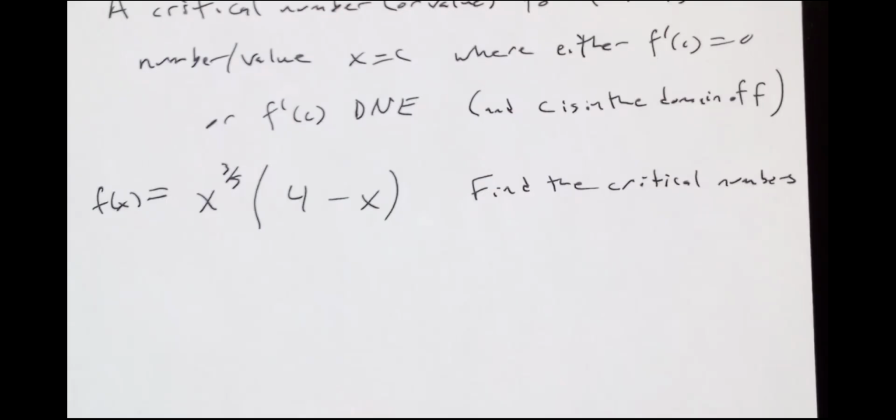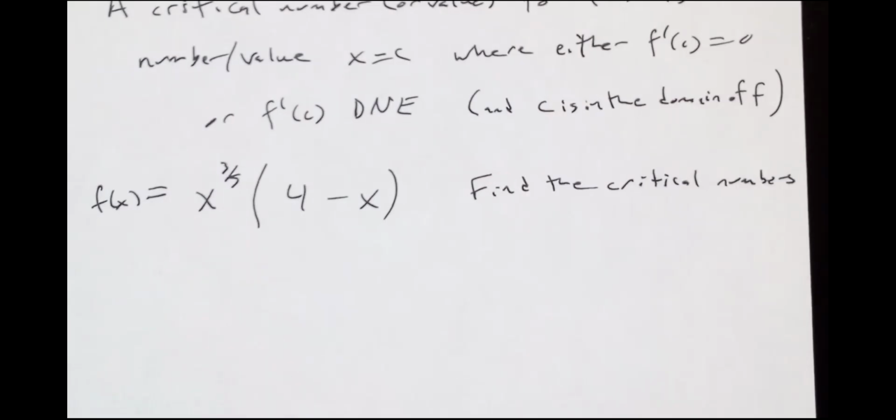There are lots of different options. Chris? 3/5 x, almost, negative 2/5. That's the derivative of this part.